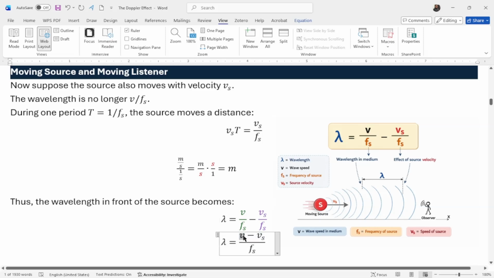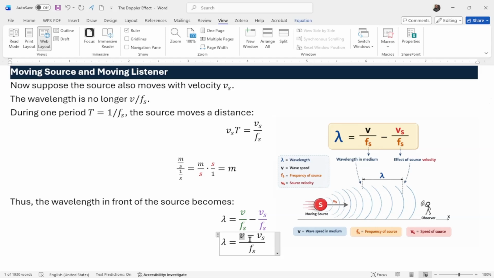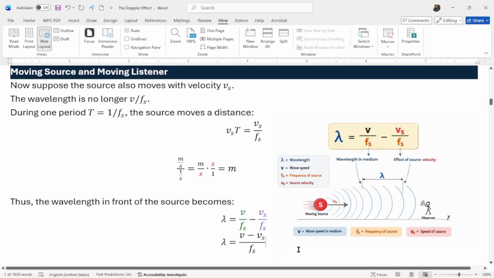So you have to establish in your mind that the v here is the speed of the sound. That is the 340 meters per second. In my reference, we use 340 meters per second, the speed of the sound in the air, and the velocity of the source, the v sub s.